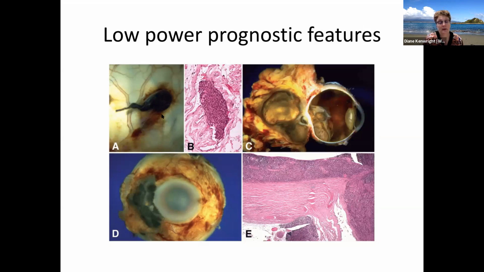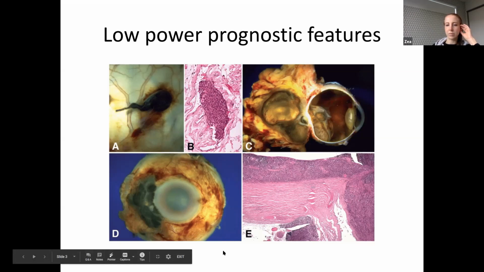Don't forget to specifically, even at low power, describe the prognostic features. This one here, for example, is clearly extending through the sclera surrounding a vessel. This one here looks like it's in the vessel, and you can see that at relatively low power. Orbital extension, a large amount of pigmentation.